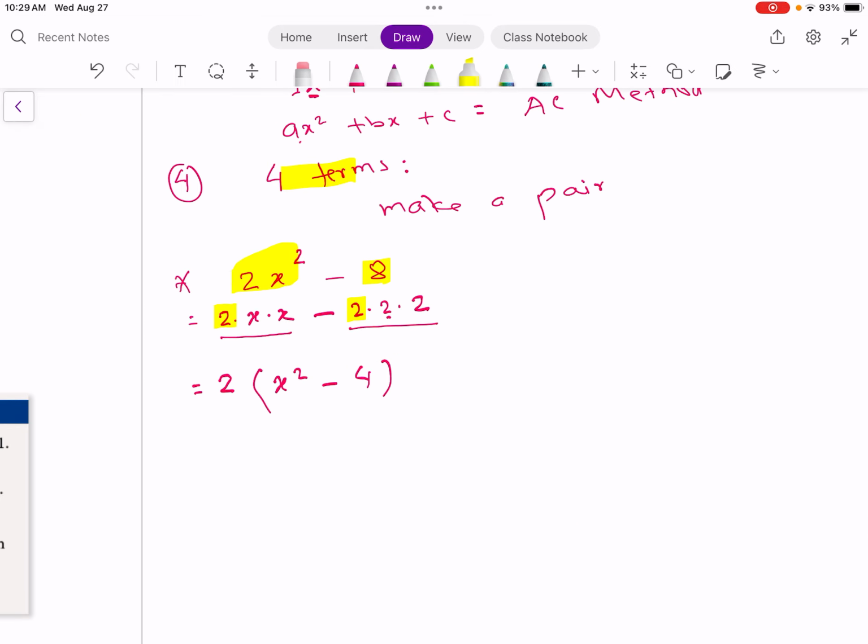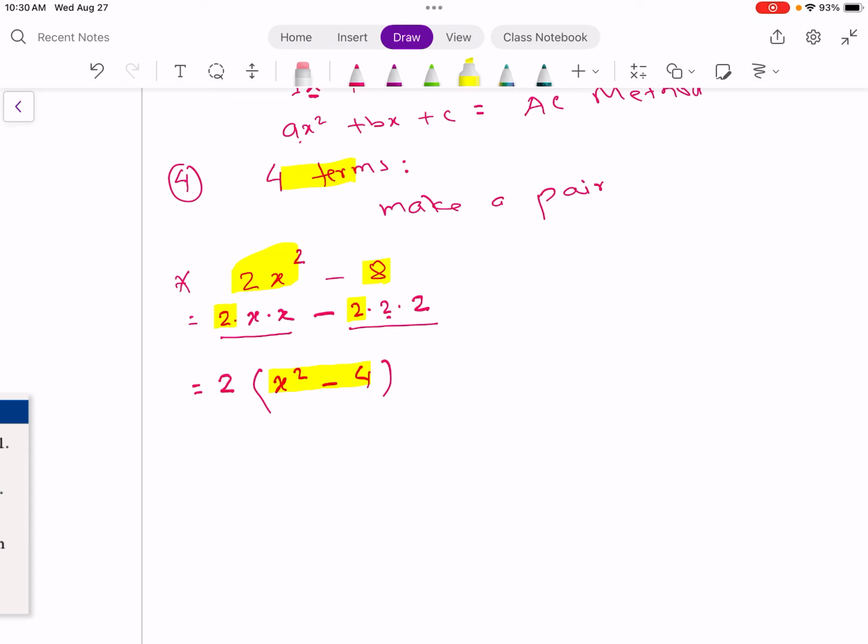Can we rewrite these 2 terms as a difference of square terms, difference of cube terms or sum of cube terms?